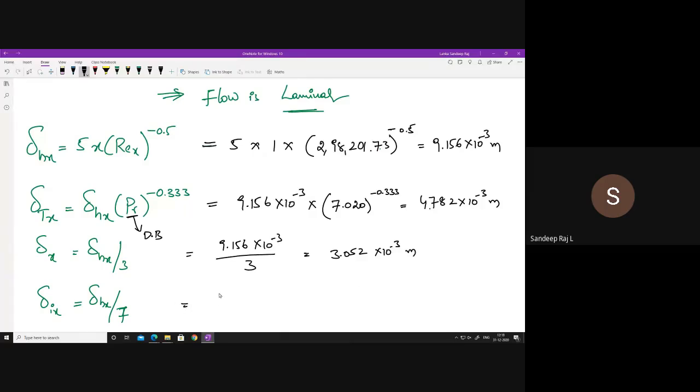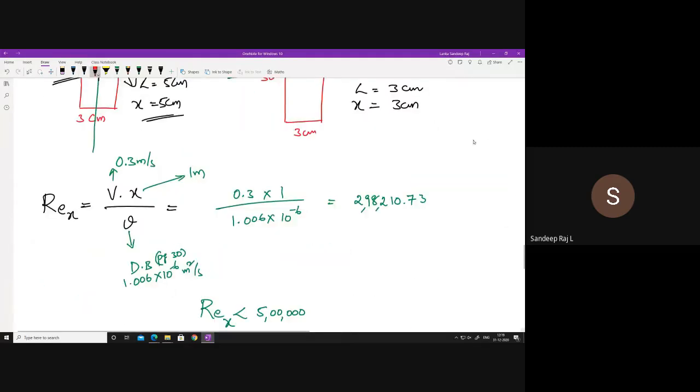This one is by 7. Tell me what is this value? 1.3 into 10 power minus 3 meters.